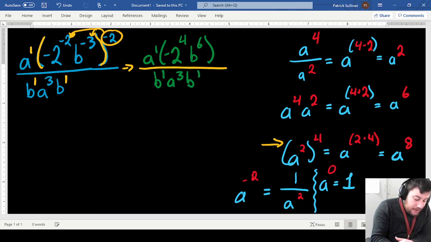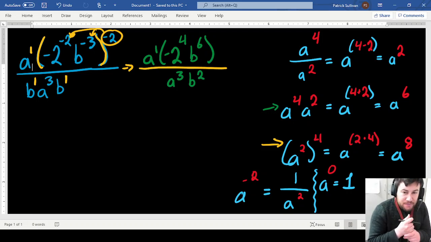All right. My next step from here, in the denominator, as you notice, I have two b values. I'm multiplying, it's b to the first times a to the third times b to the first. So I can use my product rule and simplify that down to b squared, because I add my exponents.